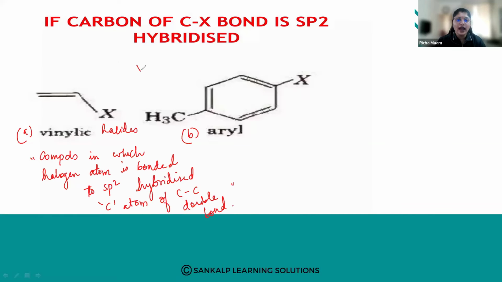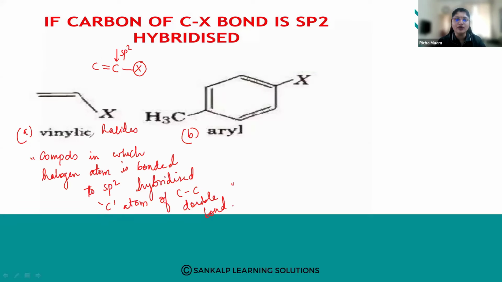The halogen atom is bonded to the carbon which is sp2 hybridized. sp2 means it should have a double bond. So this is the example. These are the vinylic halides. The halogen atom is attached to a carbon which is an sp2 hybridized atom of a C=C double bond.